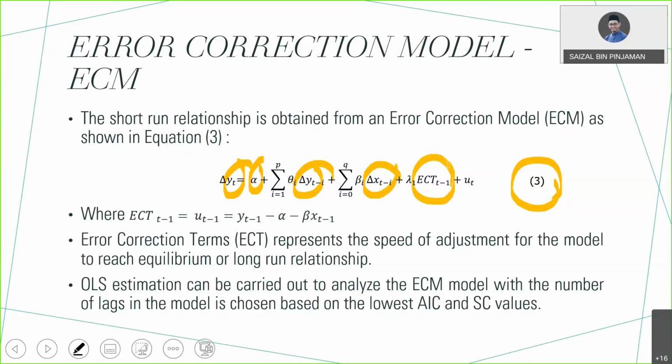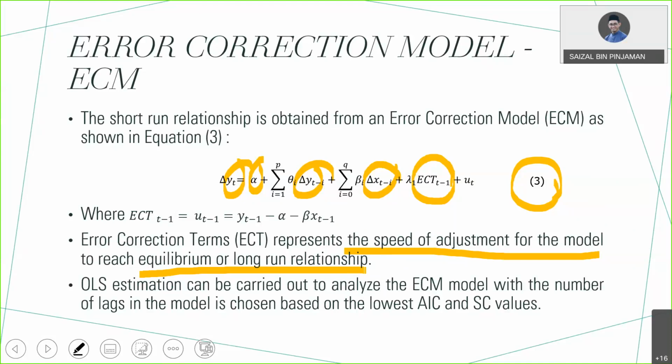The error correction term represents the speed of adjustment for the model to reach equilibrium or the long-run relationship. So the ECT tells us the rate of adjustment of the model when shocks happen in the variables period by period.